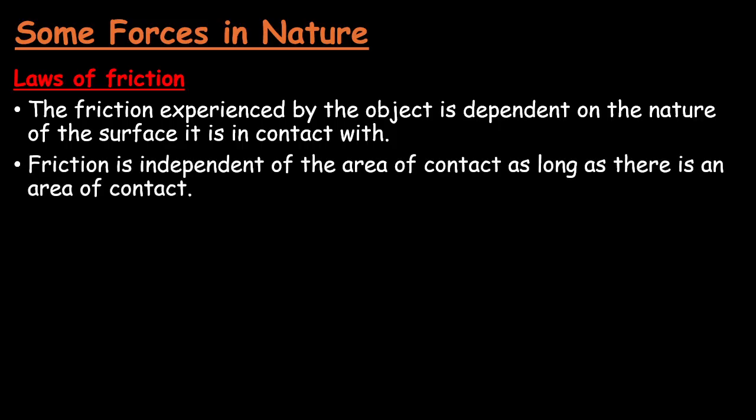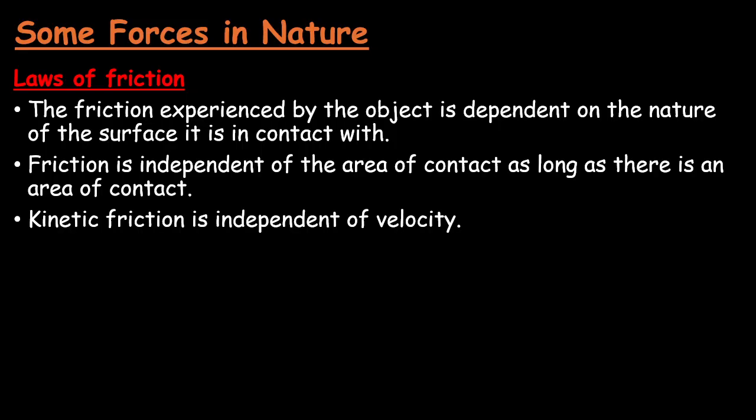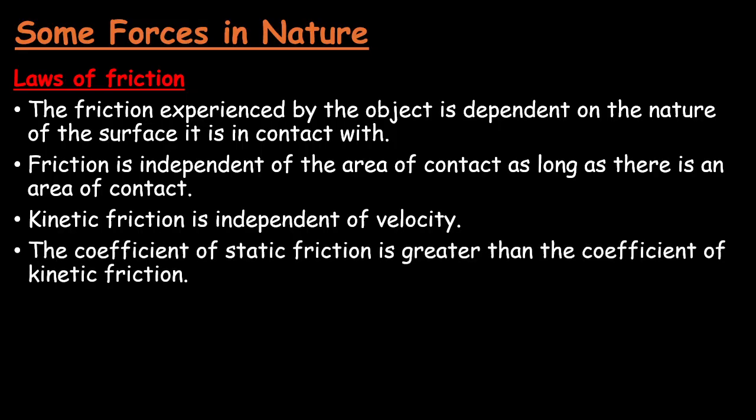Then the third law says that friction is independent of the area of contact as long as there is area of contact. Then the fourth law states that kinetic friction is independent of velocity. Then the last law states that the coefficient of static friction is greater than the coefficient of kinetic friction.